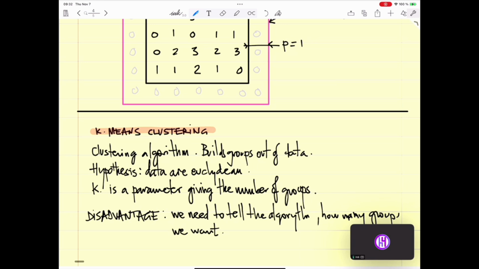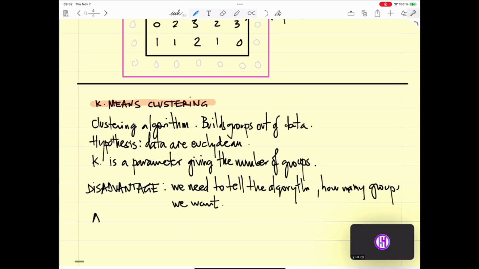We know it's women, men, children, old, whatever classes we want. But sometimes we don't know the data and we cannot decide, so we need to be iterative on that. Okay? So the advantage is this is fast and efficient.